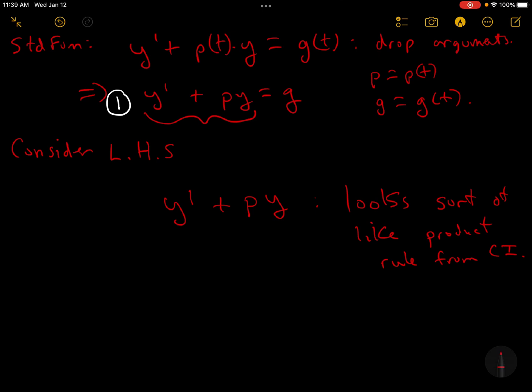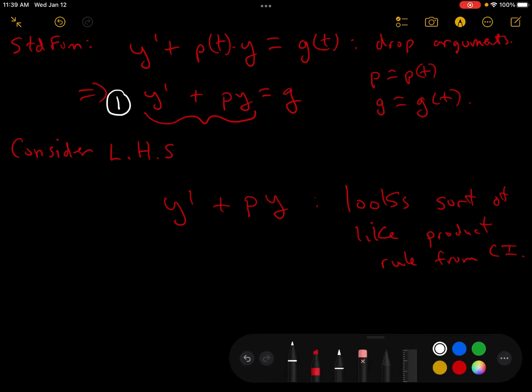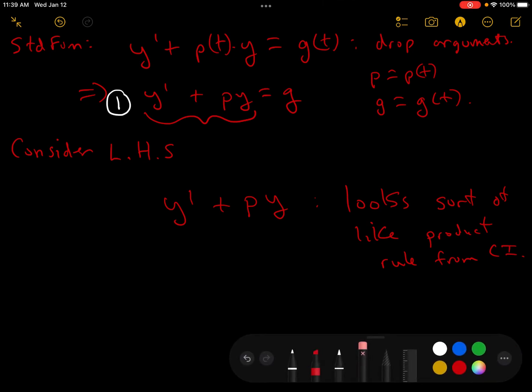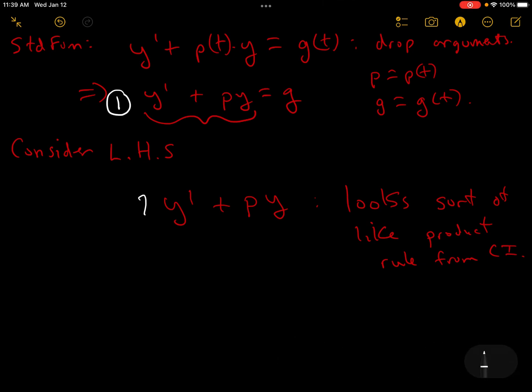Pretend you had, let's say, a p prime here. Sorry, didn't mean to write that. I meant to put a 1 here. So it's something times y prime plus something times y, which looks kind of like the derivative of a product, but not quite.